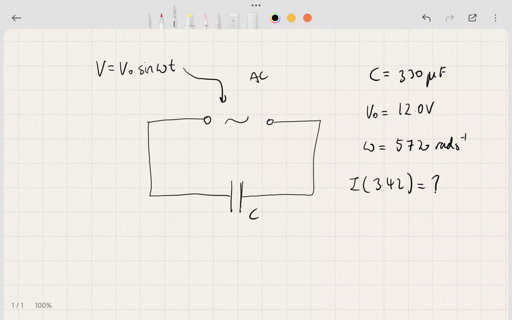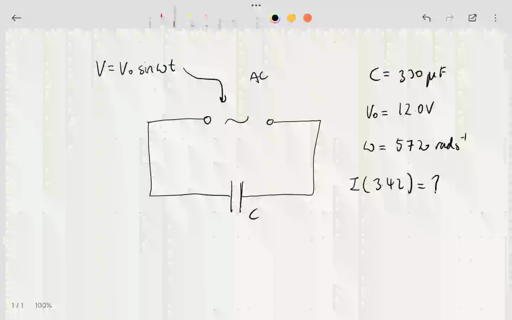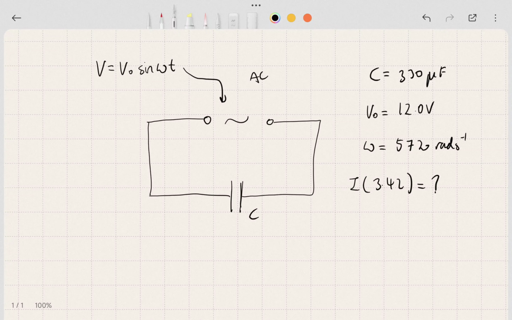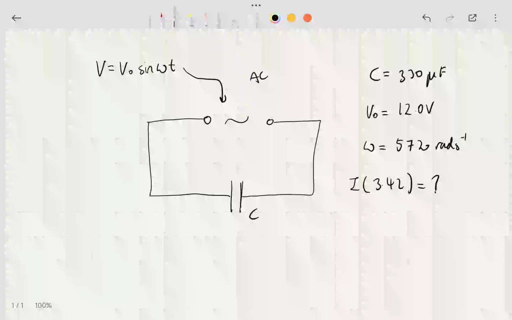First of all, we know that when a capacitor is connected to an AC source, current flows through it because there's no charge buildup. There are a lot of approaches to solving this problem.